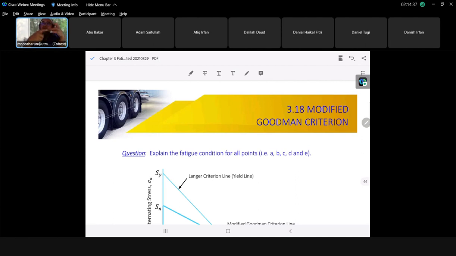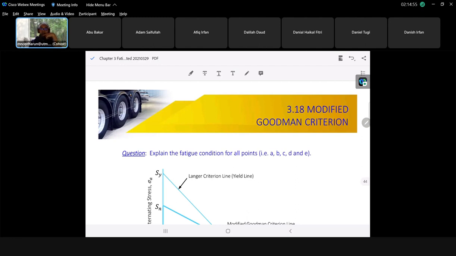Then you will determine either bending or axial. Once you have determined bending, you dah kira bending, axial, kan?